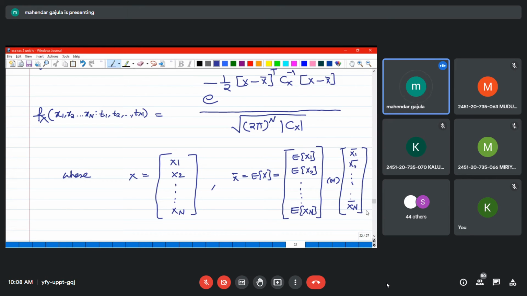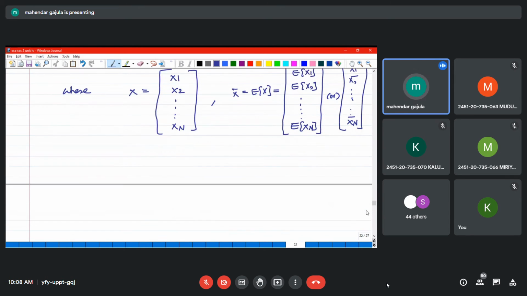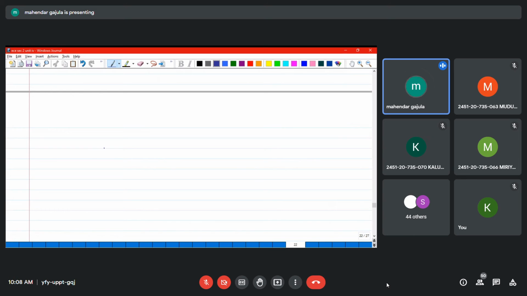And what about this Cx? It's a covariance matrix, which is equal to covariance between 1 and 1, covariance between 1 and 2 up to so on, covariance between 1 and n.